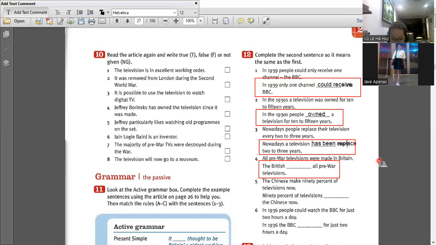All pre-war televisions were made in Britain. So, what do you think is the correct answer?